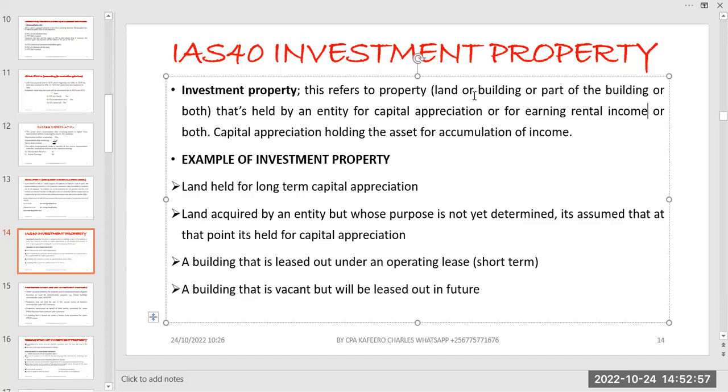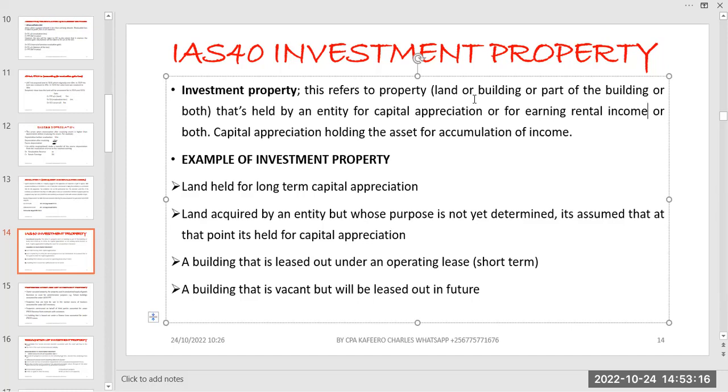Either capital appreciation or earning rental income, or both. And capital appreciation is just holding the assets for accumulating of income, increasing the income. Those ones we spoke about.